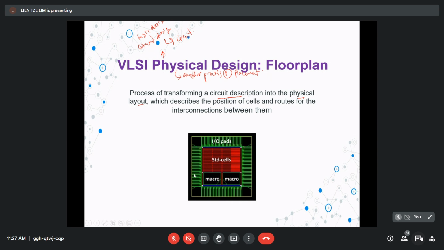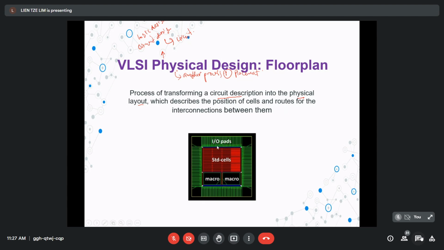It already shows you here. This is the floor plan, and this is the macro. Sometimes we call the macro the blocks. Then there are standard cells. These standard cells contain all the logic gates, or logic circuits like multiplexers, demultiplexers, and adders, all composed of logic gates.